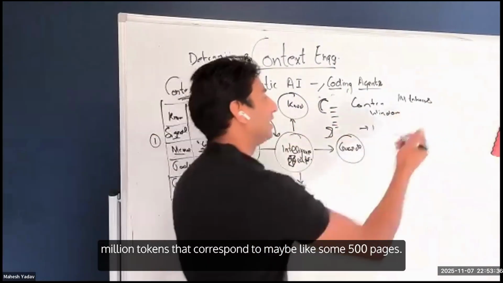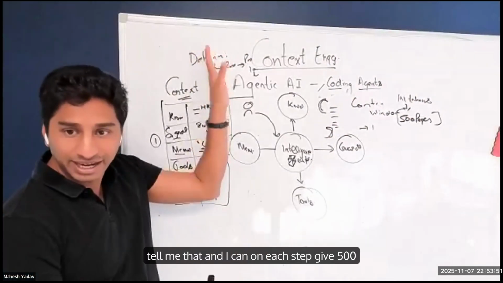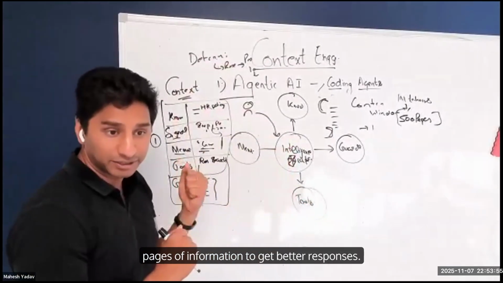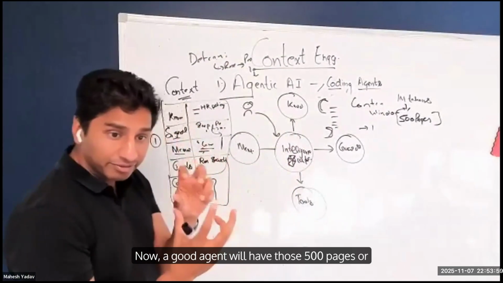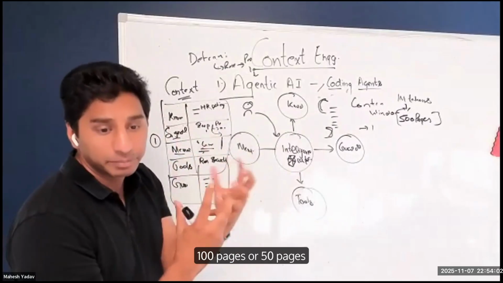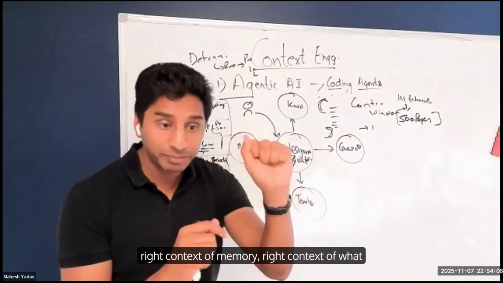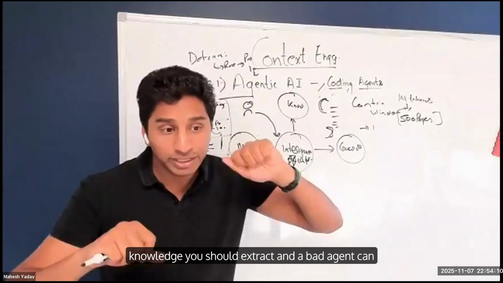Okay, so 1 million tokens corresponds to maybe some 500 pages. On each step I can give 500 pages of information to get better responses. Now, a good agent will have those 500 pages or 100 pages or 50 pages stuffed with the right context of memory, the right context of what tools you should call, the right context of what knowledge you should extract.